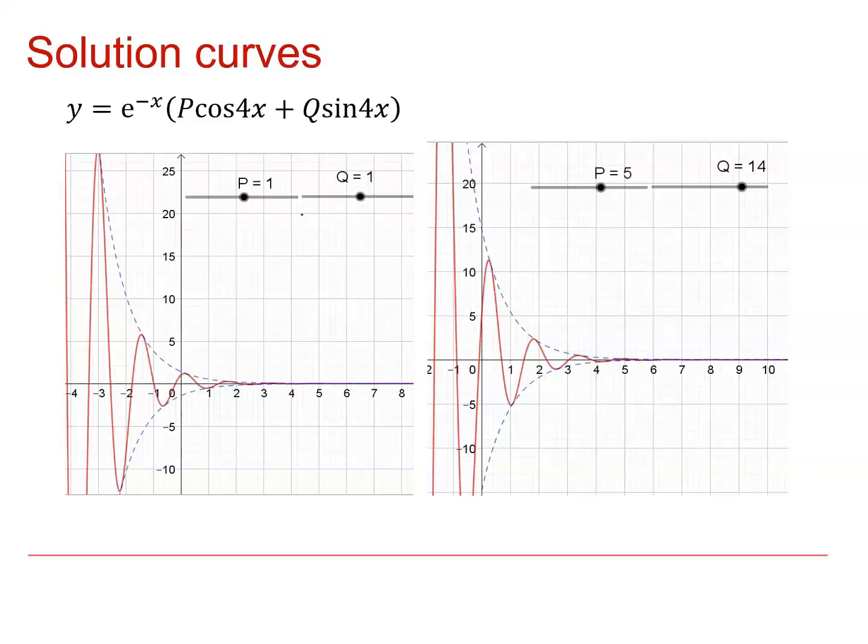Okay, so there's a plot of that function. Two different sets of values for P and Q, 1 and 1 here and 5 and 14 here. Very similar looking plots. And on the previous slide I suggested that actually this could be written as y is equal to R e to the minus x sin(4x plus alpha).